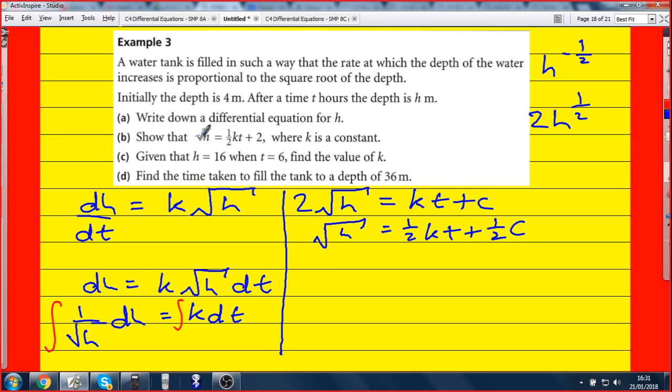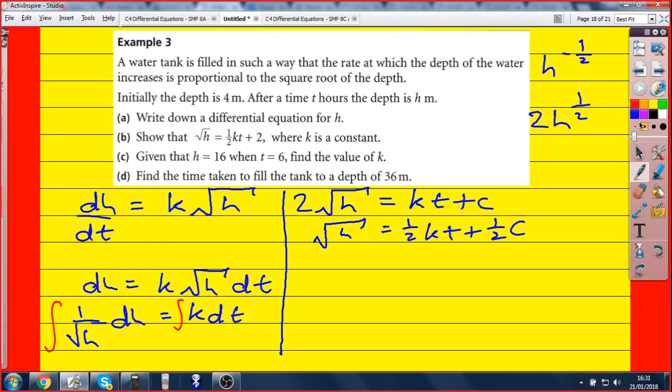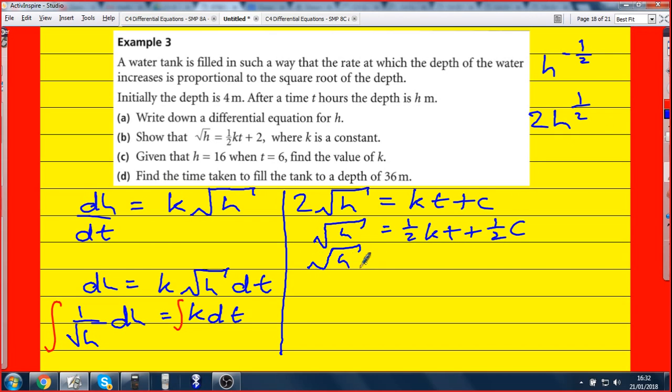Show that root H is equal to a half KT plus C. Oh, I see what you're saying. Well, if the initial depth, remember we had the plus 4. So basically, at time 0, what is root H?